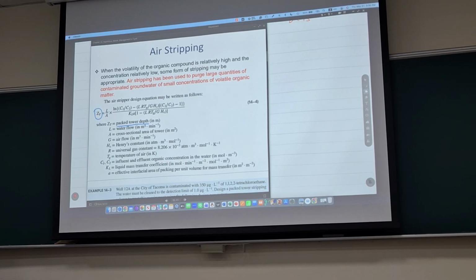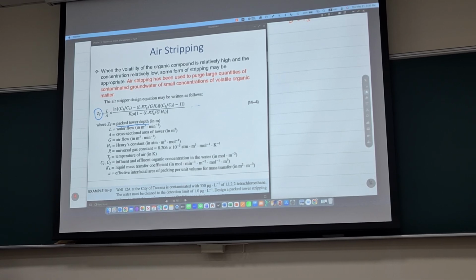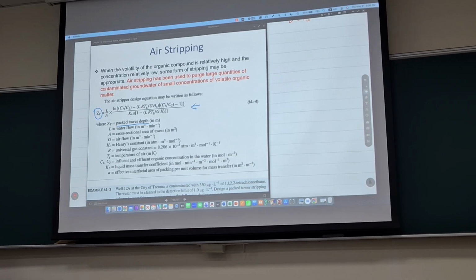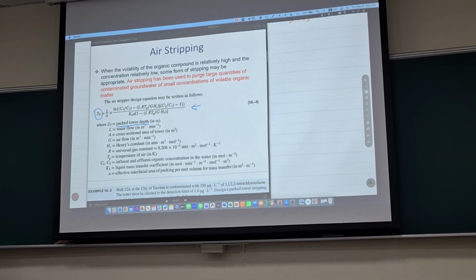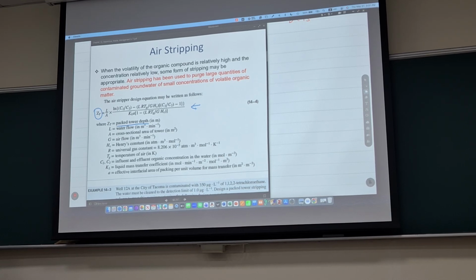You can calculate the packed tower depth using formula 14.4 from the textbook. These are design equations. Understand?